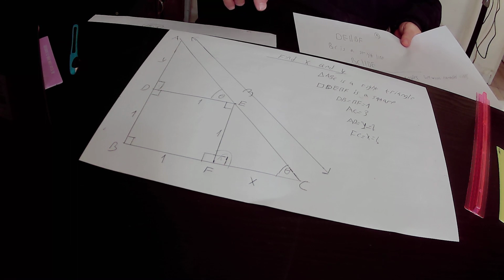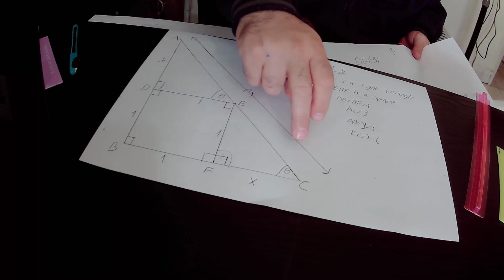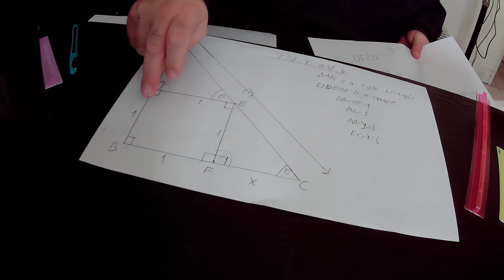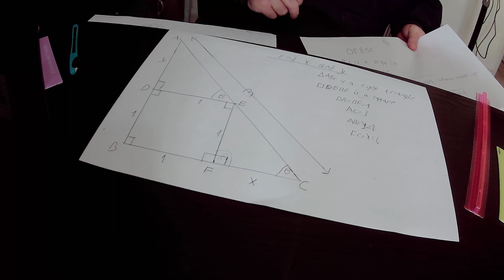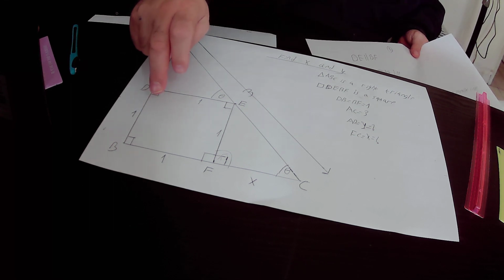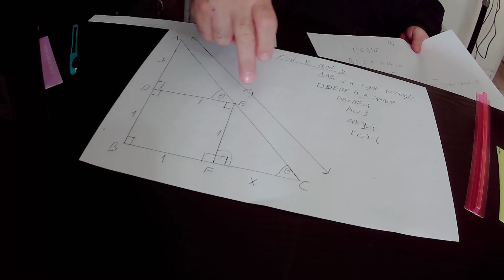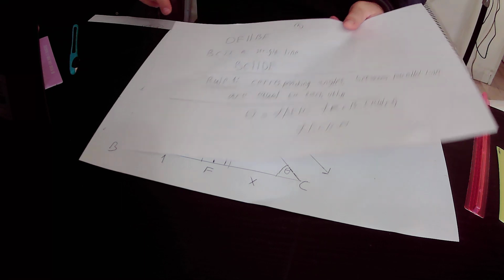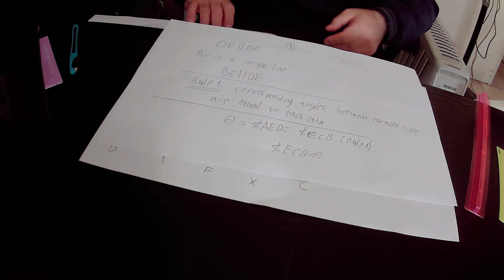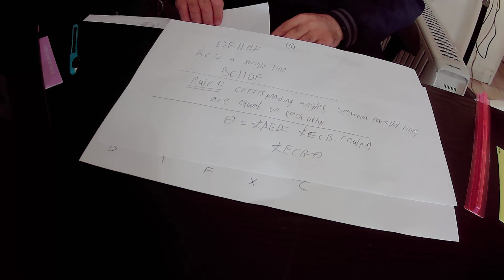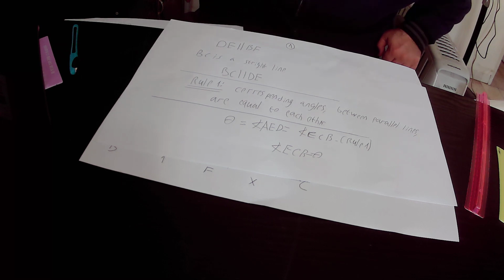BF is part of BC and is parallel to DE. So if part of BC is parallel to DE, then BC itself must also be parallel to DE. Therefore, we conclude that BC is also parallel to DE. Then I presented to you rule number 1, that corresponding angles between parallel lines are equal to each other.